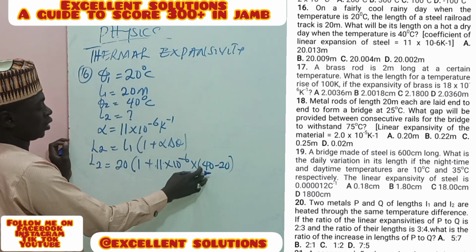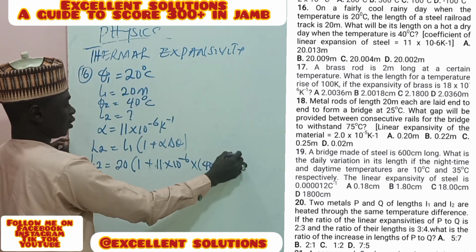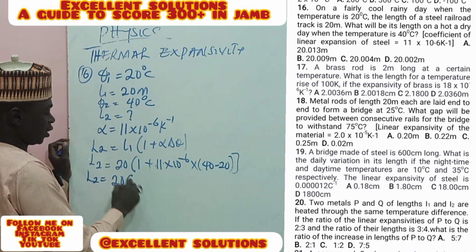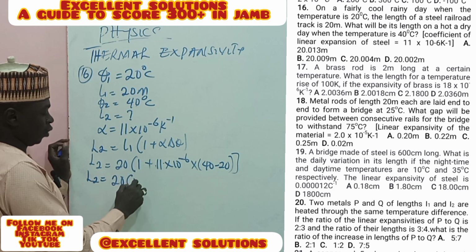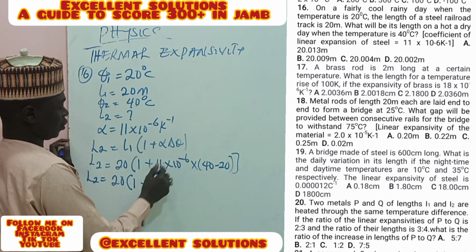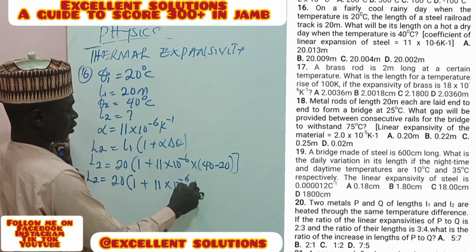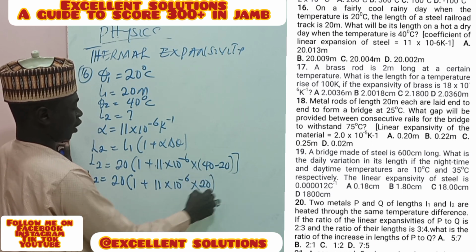Theta 2 is 40, theta 1 is 20. So we can now say L2 equals 20 open bracket 1 plus 11 times 10 to the power of minus 6 times 20.